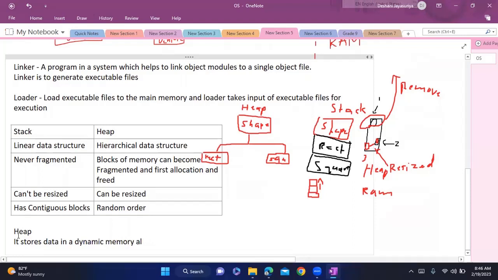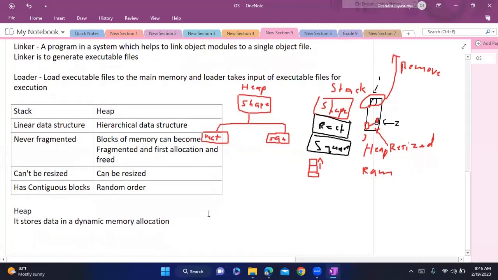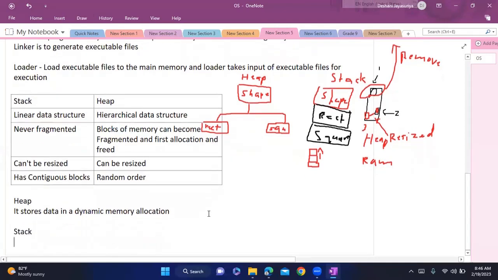Dynamic means somewhere around, you can just take it in a dynamic way. Randomly it will be stored in this place, like that. So it is having a dynamic memory allocation. But when it comes to stack, it is not dynamic, it is static. So that's another difference between these two, right?